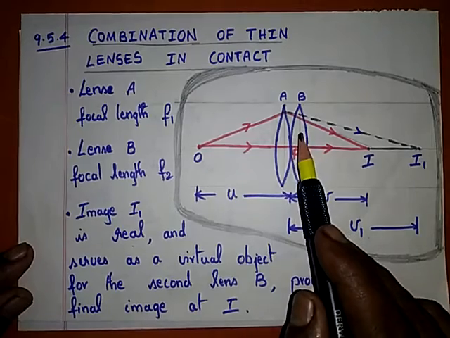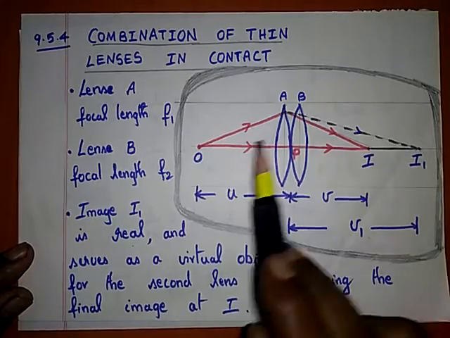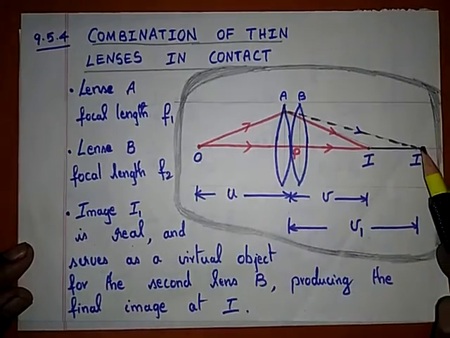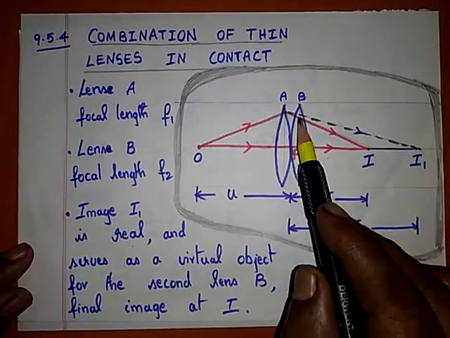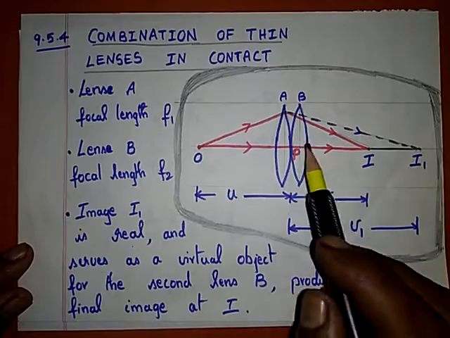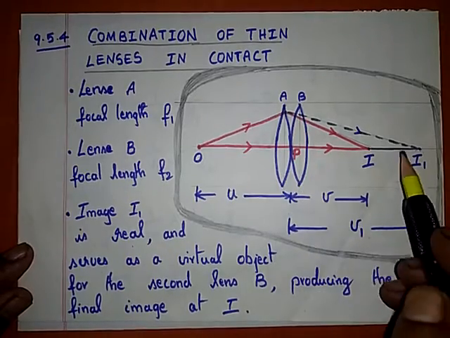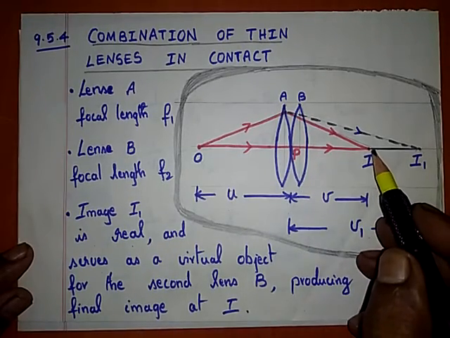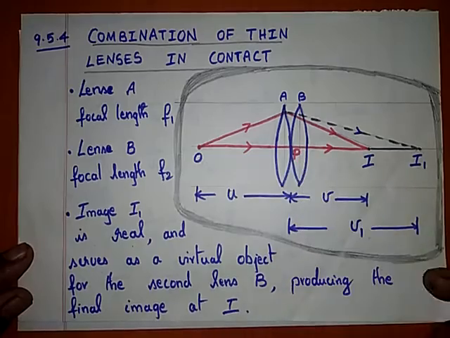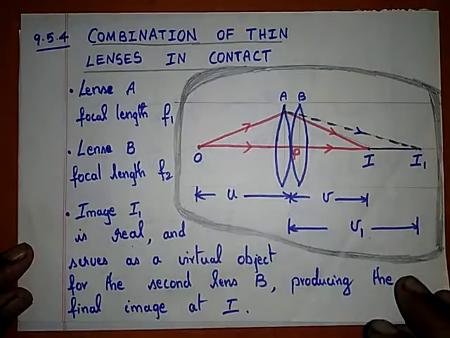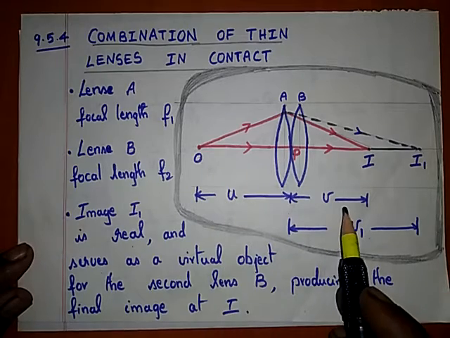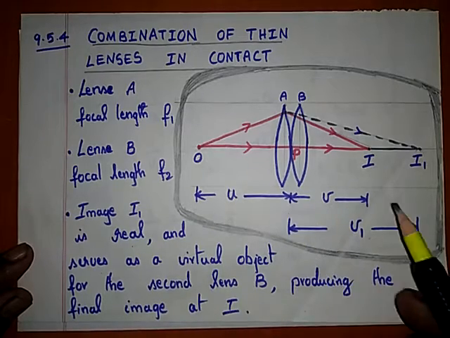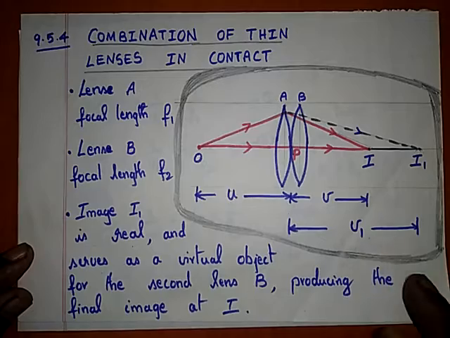So if the lens B is not there, then the image would have formed here. So this image I1 goes once again, converges and forms the final image at I because of the lens 2. So keeping this in mind, we know U, the final image distance V, and V1.